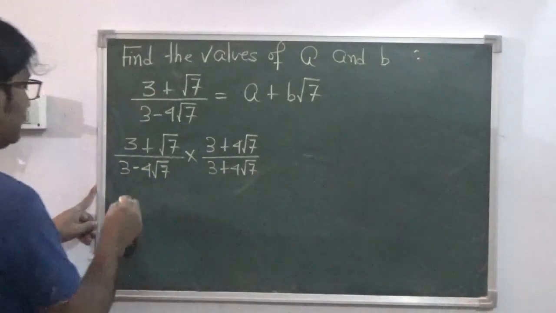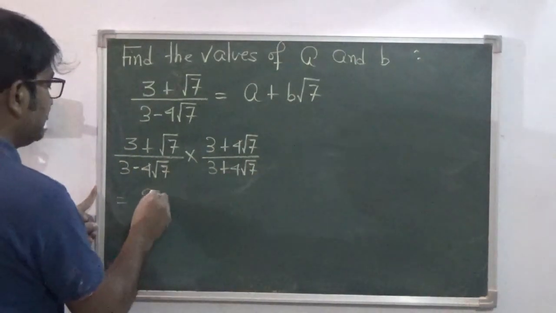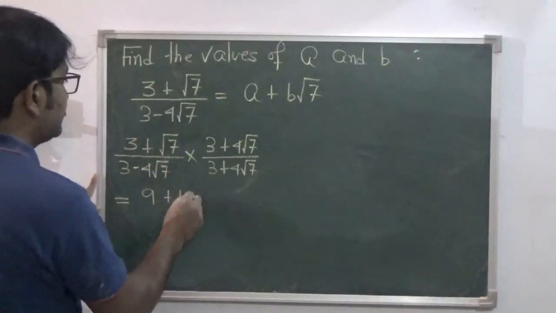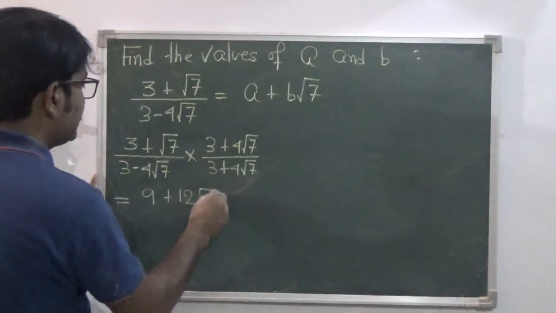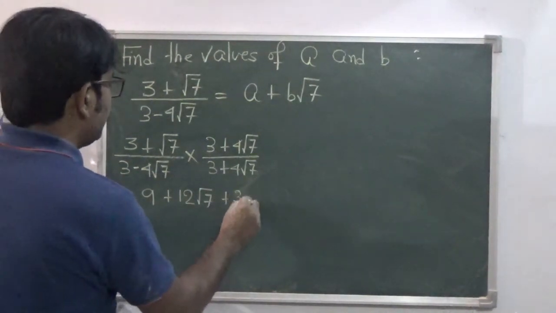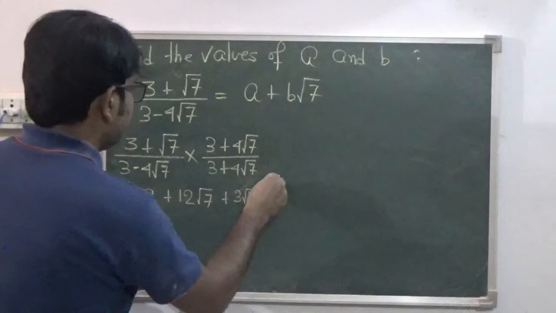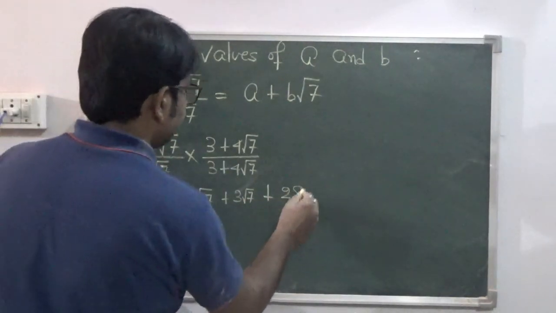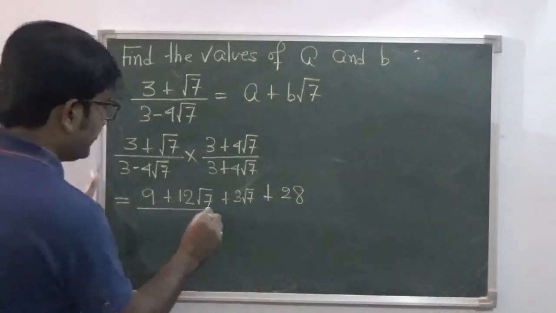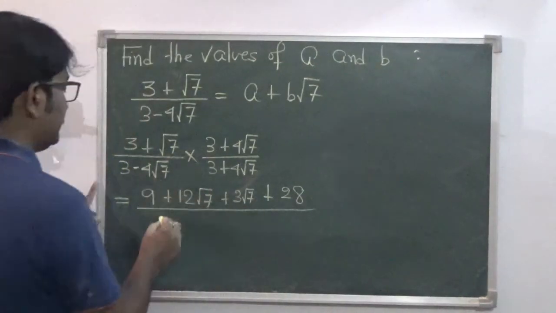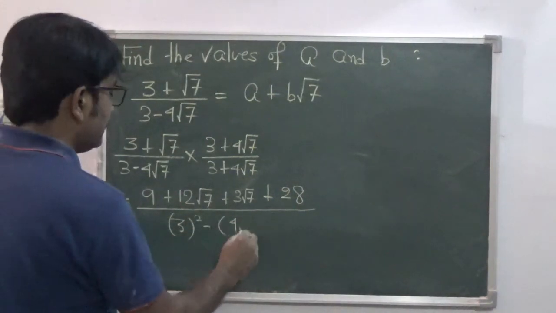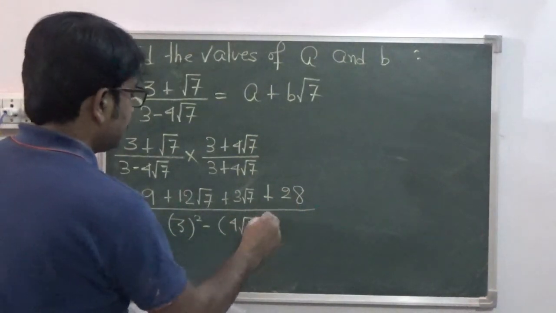So if you multiply, this is 9, then plus 12 root 7 plus 3 root 7 plus 4 into 7, I think 28, divided by 3 square minus 4 root 7 square.